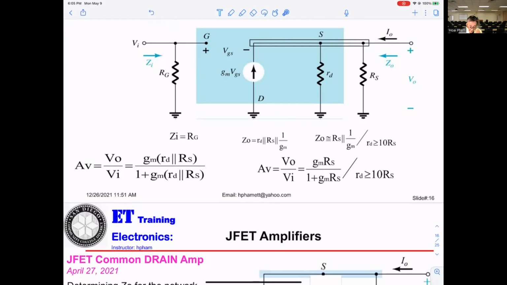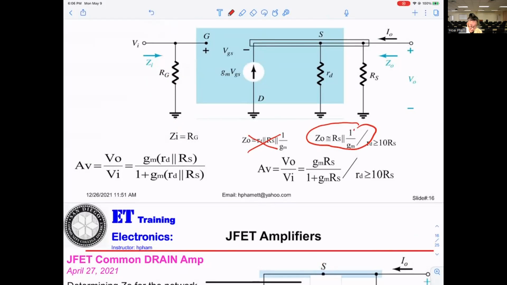Now, G in equal RG. Okay, easy. G out. Basically, you will be using this formula, not this one. The thing is, we ignore internal output resistance small d.